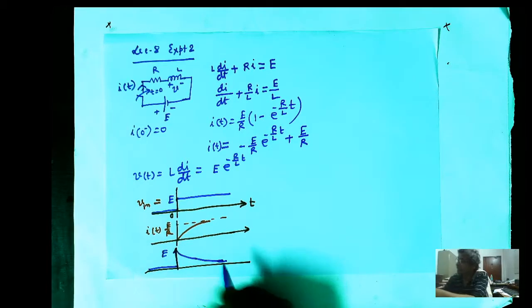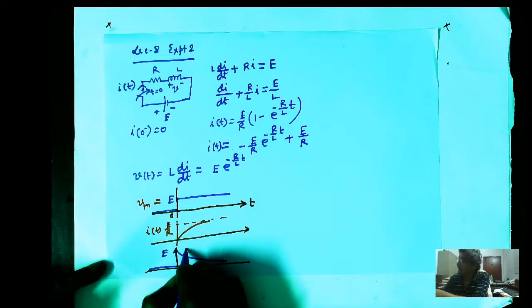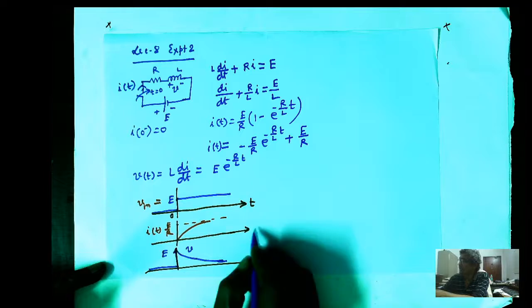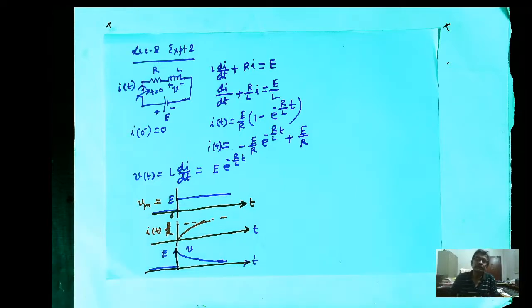So this is the voltage across the inductance, how it varies with time. So many things can be studied. Therefore, across the inductor, voltage can have a step jump, no problem, and current. So this is the thing, and you have read it, but I told you.